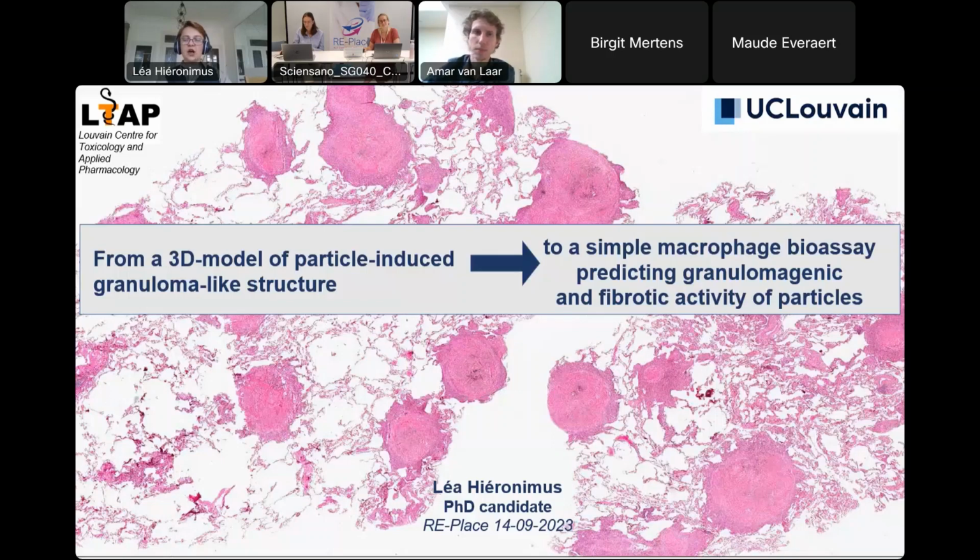The inhalation of a large amount of silica particles led to the formation of these nodules called granuloma in the lungs. The goal of my PhD thesis is to better understand the mechanism allowing granuloma formation, how to better treat this pathology, and to help prevent it.